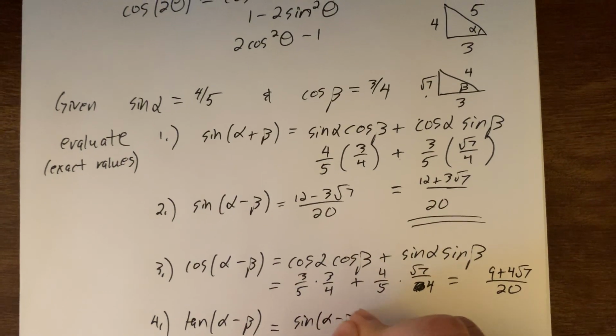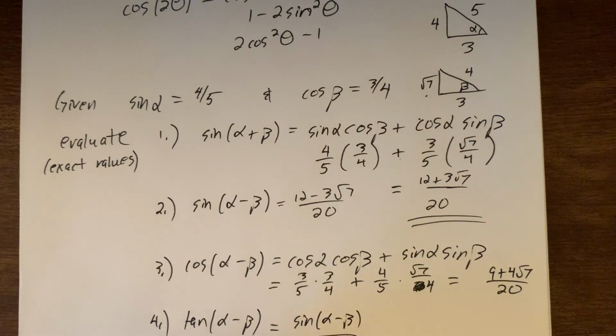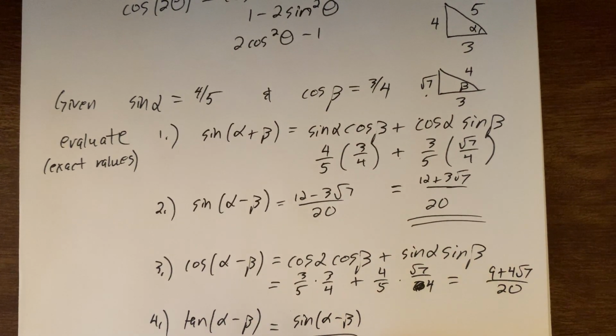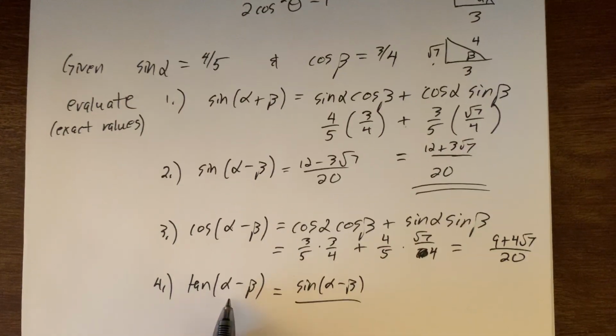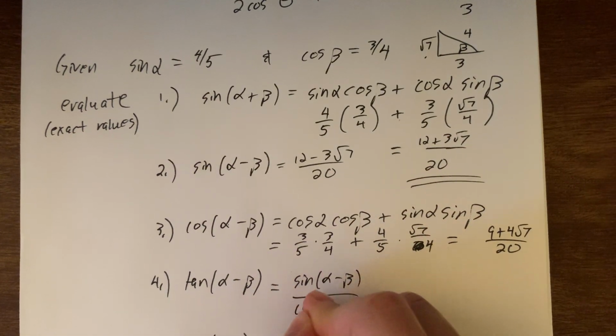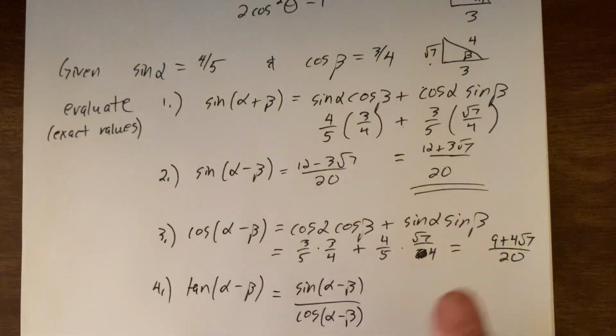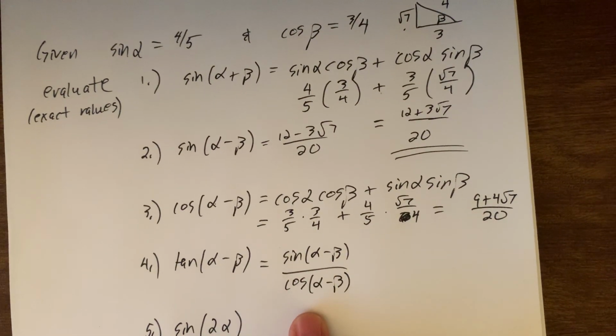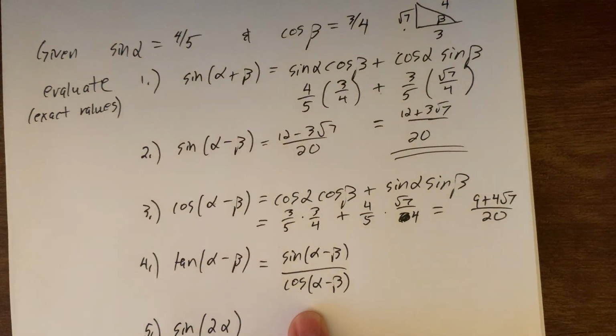So even at a harder level, just like earlier, if it's tan x, well, it's sine x over cosine x. If it's tan theta, well, it's sine theta over cosine theta. Well, if it's tan of alpha minus beta, then it's sine of alpha minus beta over cosine of alpha minus beta.